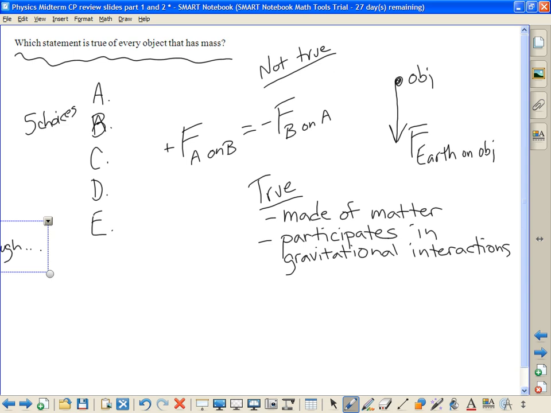Absolutely. If there is a force of Earth on the object, and it's, say, this direction, then there must be a force of the object on the Earth equal and opposite in the up direction.